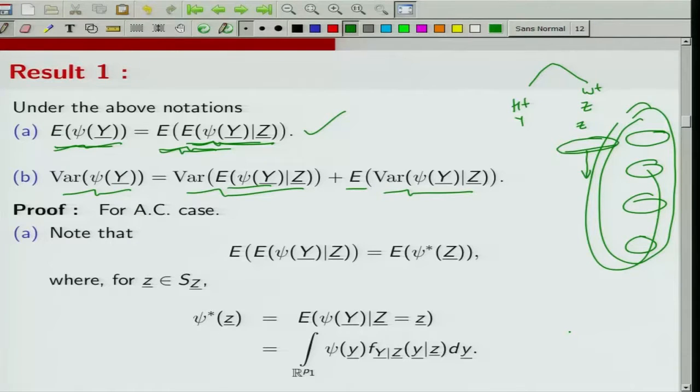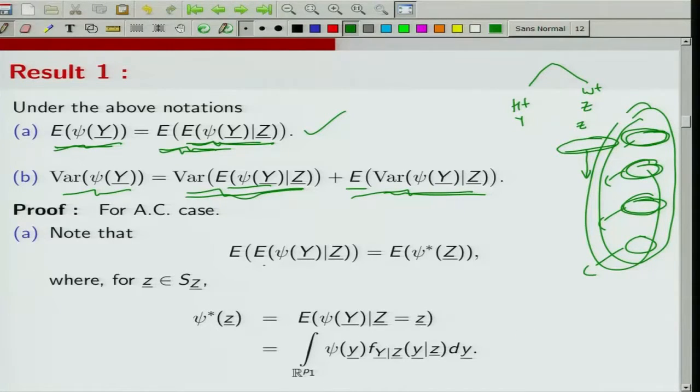So, if you have to find the overall variability in the height, first find the mean for a fixed set, and look at the variability between the means for various values of fixed weights. Plus, you look at the variability within each group, and look at the average variability within each group. So, variance of psi(Y) is the same as variance of conditional expectation plus expectation of conditional variance.